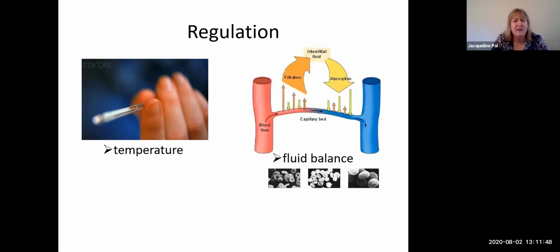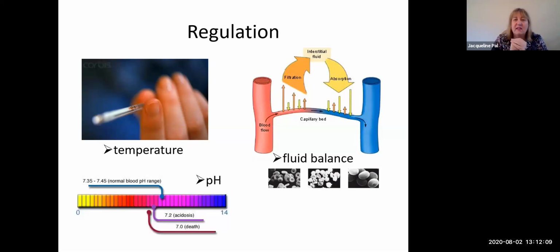Another major thing that blood does is it regulates fluid balance, because blood is mostly fluid, and that fluid does leave the blood, and then some of it does come back in. And so there's a lot of things that are happening with fluid balance, not only in the blood vessels, but in the red blood cells themselves.